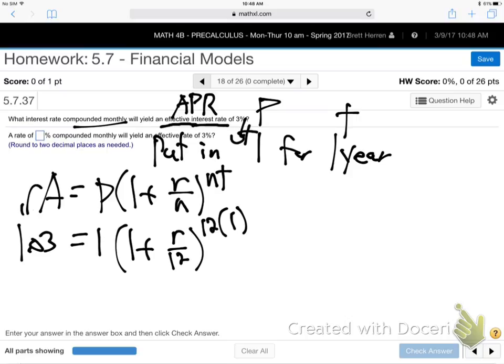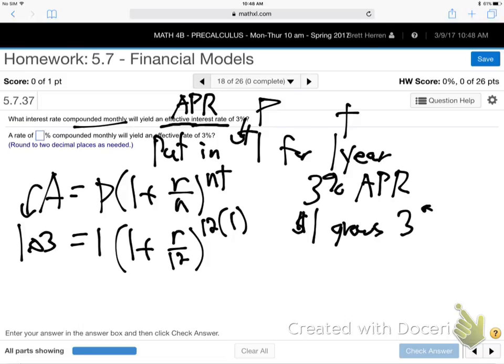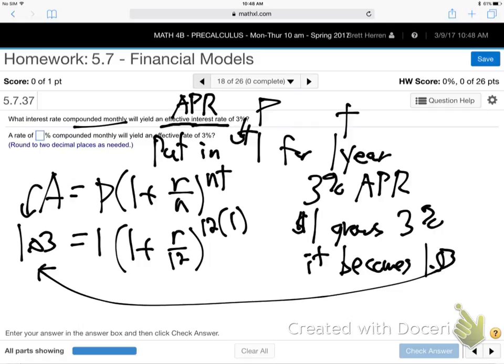The A is 1.03. Why? They're telling me the APR is 3%. So if $1 grows 3%, it becomes 1.03. If a dollar grows 3%, that's 3 cents, isn't it? 1.03.